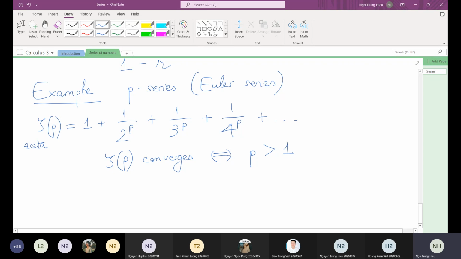So when P is equal to 1, or P is less than or equal to 1, the series diverges. All right. For this result, we will see the reason why it converges when P is greater than 1 later on.